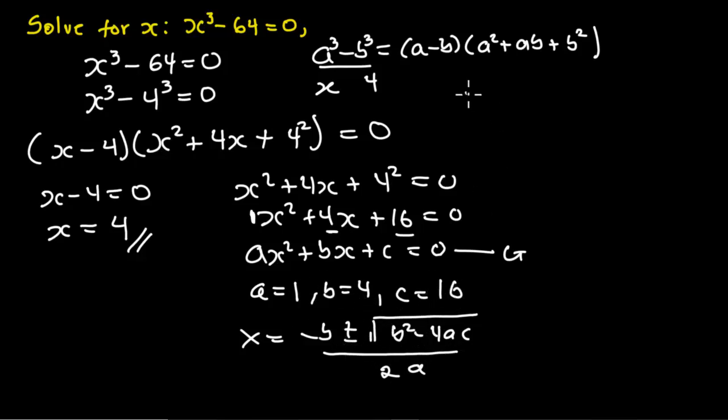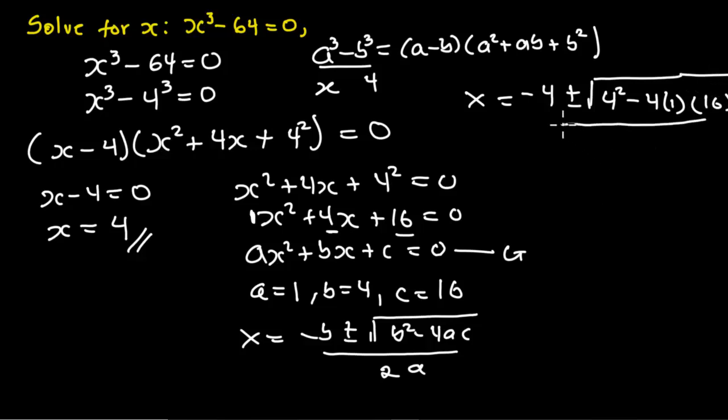So you are going to have x equal to negative b. We had b to be 4, so you are going to have negative 4 plus or minus the square root of b squared. We had b to be 4, so 4 squared minus 4ac, and a is 1, and c is 16, all over 2a, and a is 1.